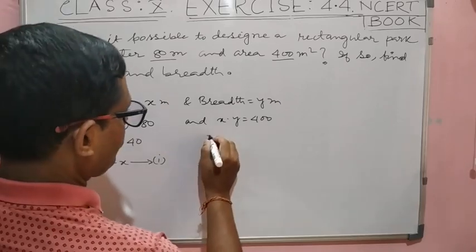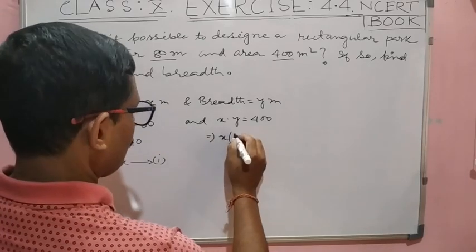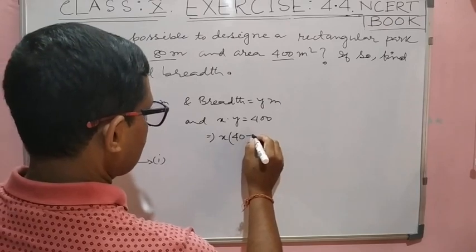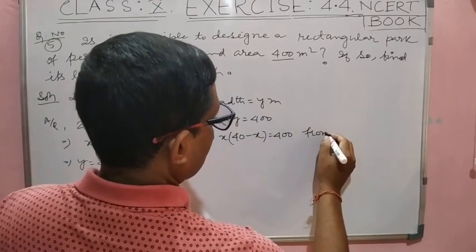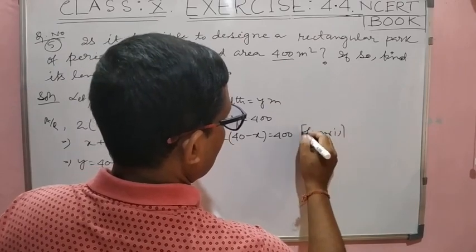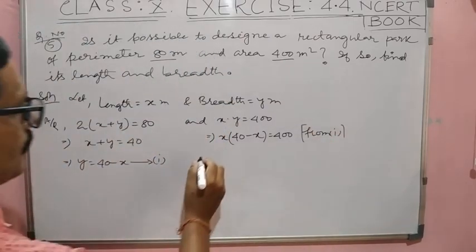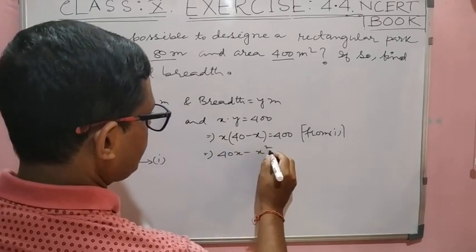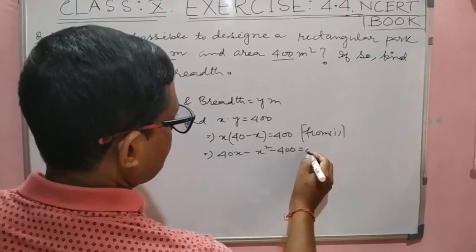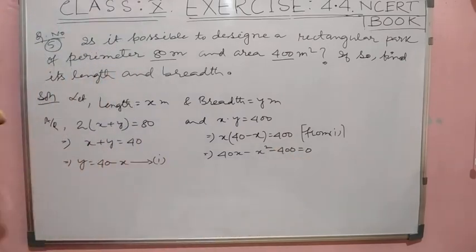अगर y का वैल्यू इधर पुट कर दिया तो it will be 40 minus x from 1. So now we can write 40x minus x square minus 400, transfer कर देते हैं.